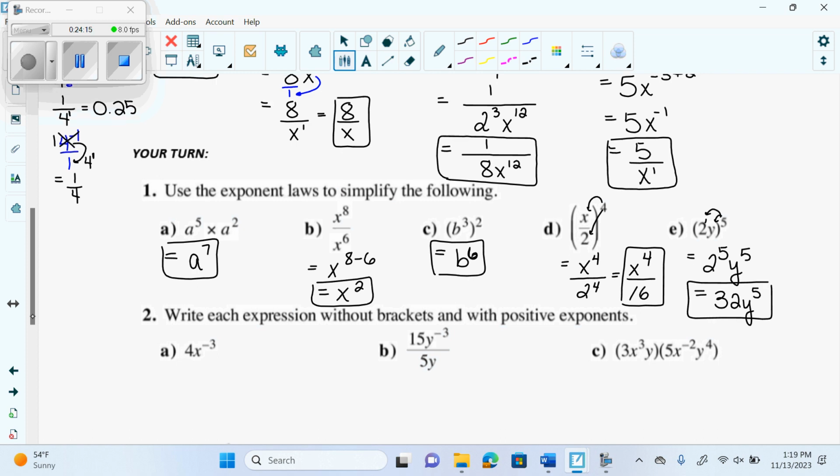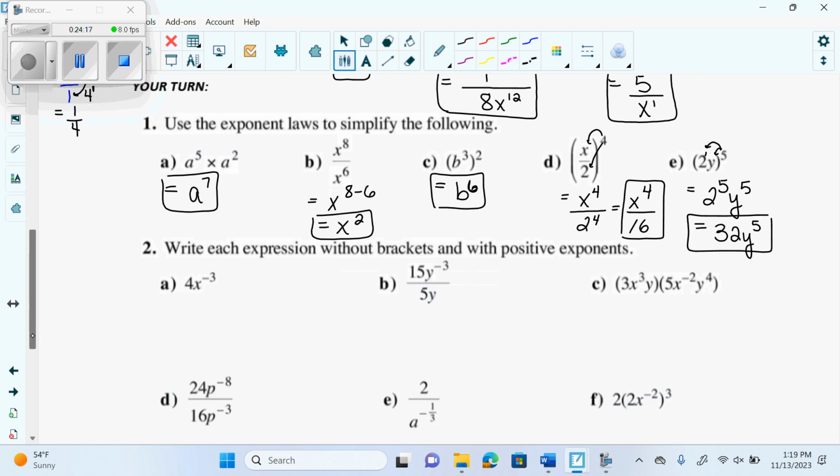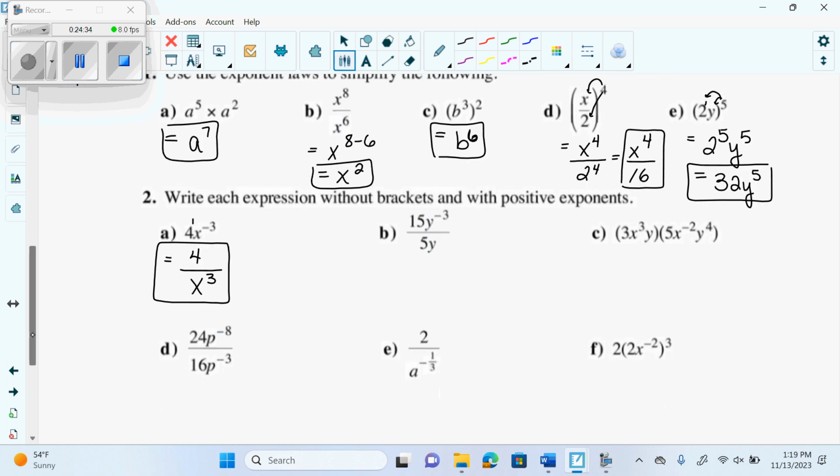All right. This one we just want positive exponents. This 4 is positive. It's 4 to the 1. So we're going to get 4 over x to the 3. Just the x moves to the bottom. Then the 15 and the 5, we divide them. So we get 15 divided by 5.